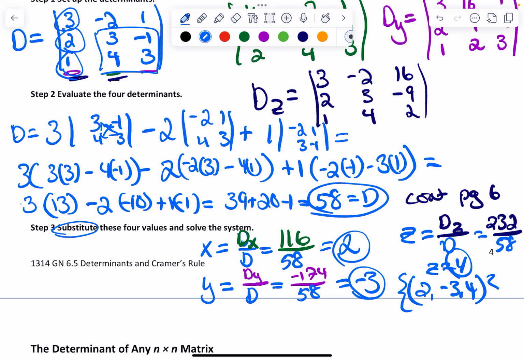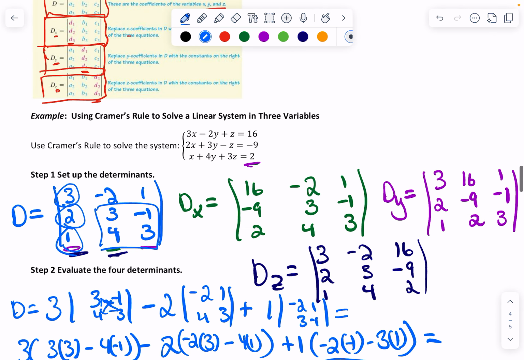So yes, this takes work as well, but at the same time, sometimes it might be a little bit easier than actually solving a linear system with 3 variables and 3 equations in the ways that we've done it in the past.